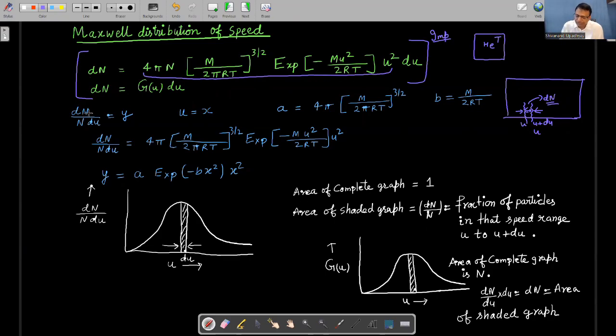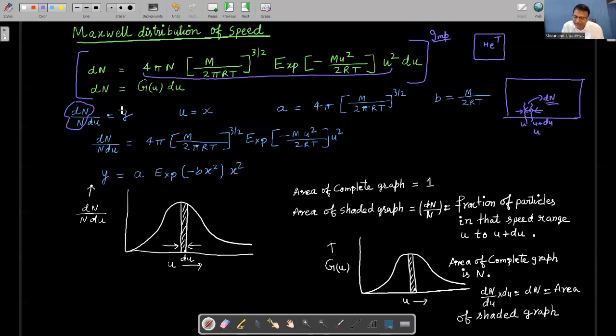Now if I take n to the left hand side, I can write dn upon n. dn upon n is the fraction of the particles in the speed range u plus du. dn is the number of particles and dn upon n is the fraction of particles in the speed range du.